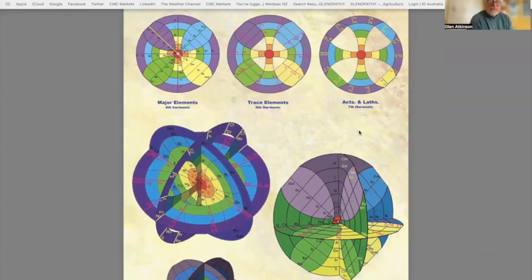Now, the next picture is a 3-dimensional periodic table. And again, we have to look at how chemistry is a sphere. It's an energetic sphere.